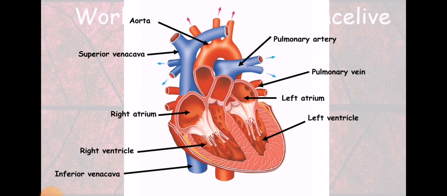It transports purified or oxygenated blood throughout the body. Therefore, the left ventricle has an extra thick wall because it pumps blood into the aorta with great pressure.